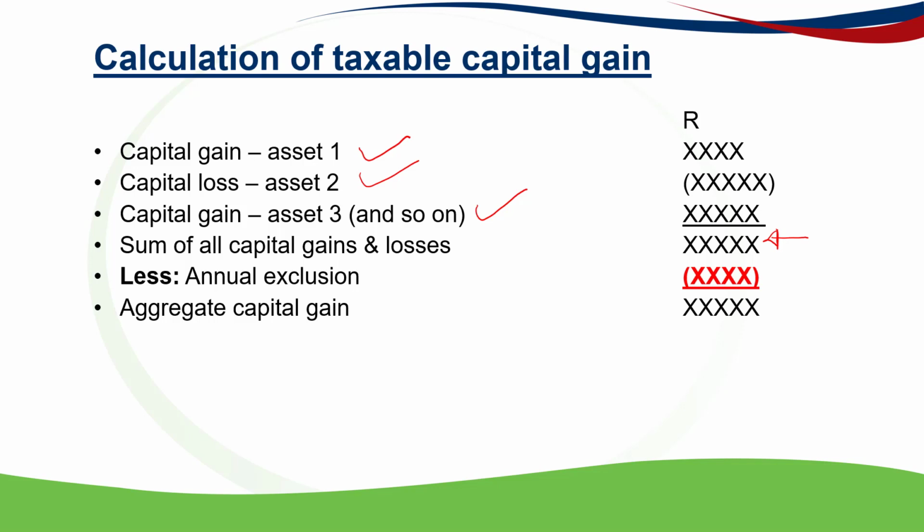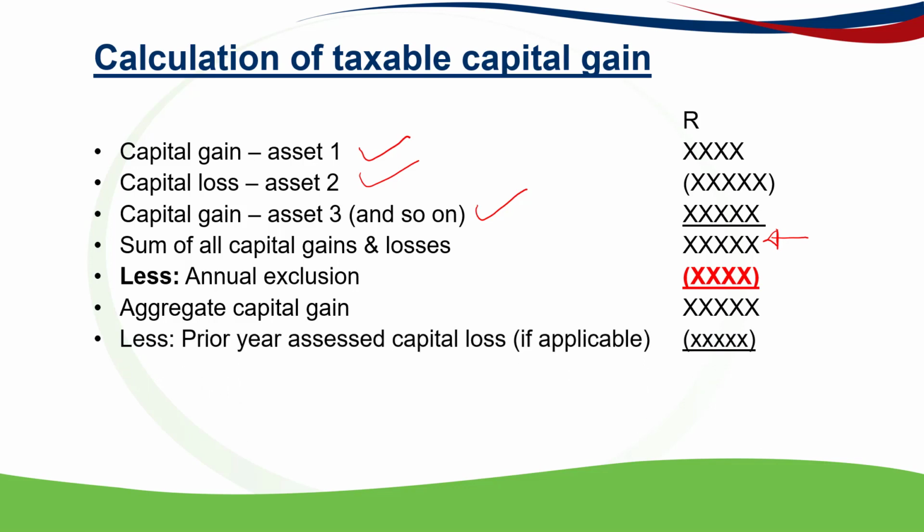The reduction of the sum of capital gains and losses with the annual exclusion will result in an aggregate capital gain. So if we provide you with the aggregate capital gain in an assessment and require you to determine the taxable capital gain, you should know that the aggregate capital gain would have already taken into account the annual exclusion.